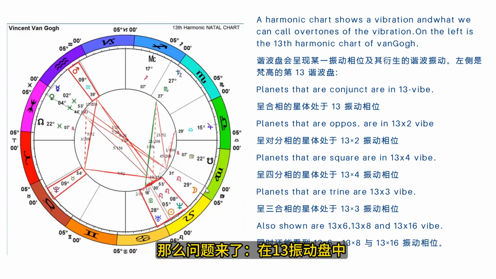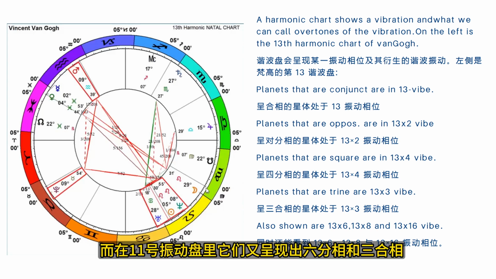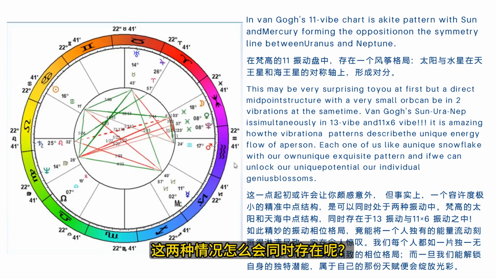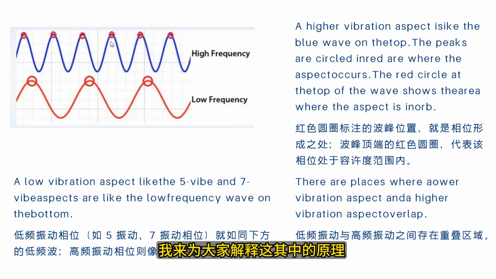So how can Sun, Uranus, and Neptune be conjunct in 13 and, let me go to the 11, making sextiles and trines in the 11? How can it be both? Well, let me show you how that happens. Think of these aspects as the top of a wave.